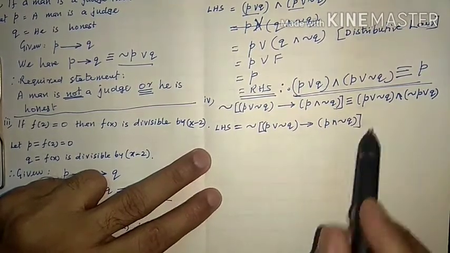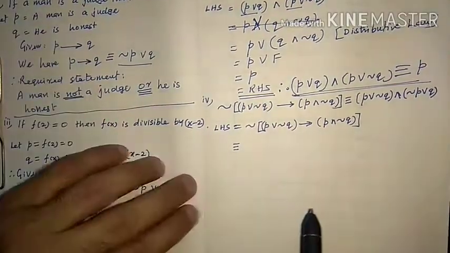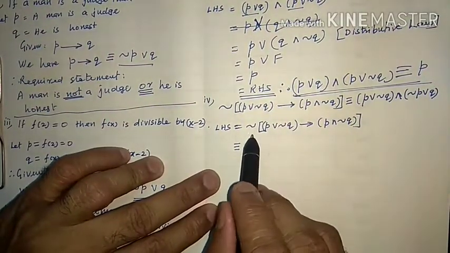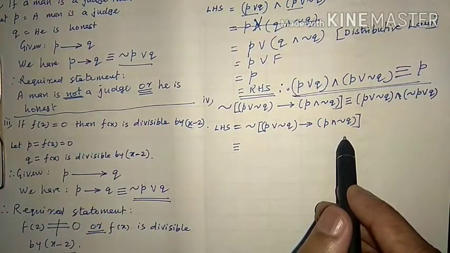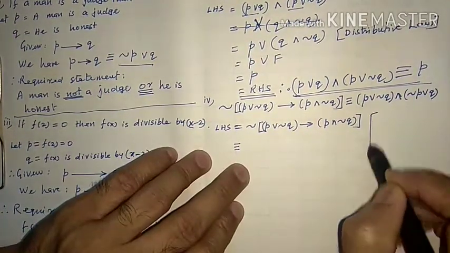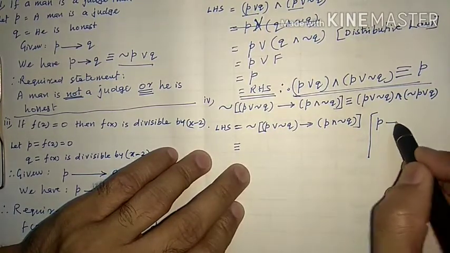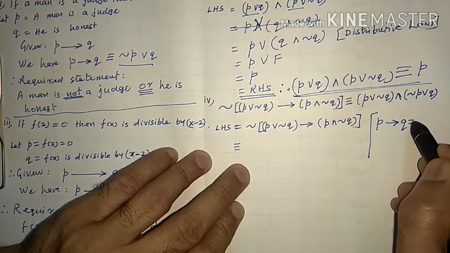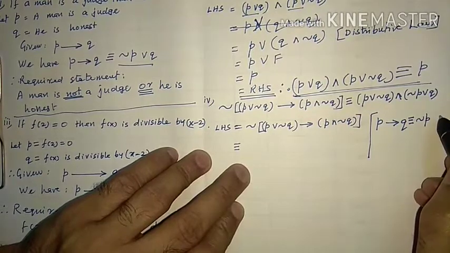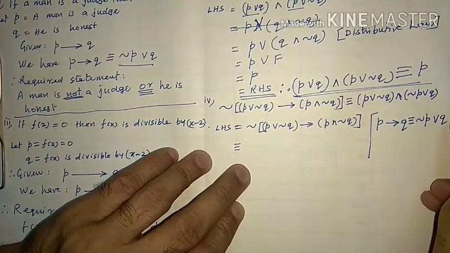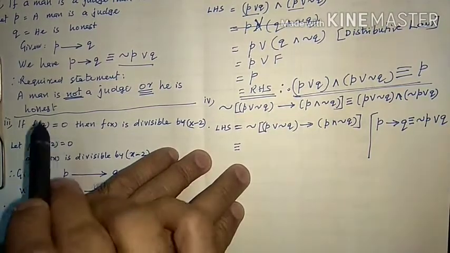Now negation, this is equivalent to, look here, negation of P implies Q. What is the statement we have? Let us recollect the theory here. We have P implies Q is equivalent to negation P disjunction Q. This we did today and used earlier.